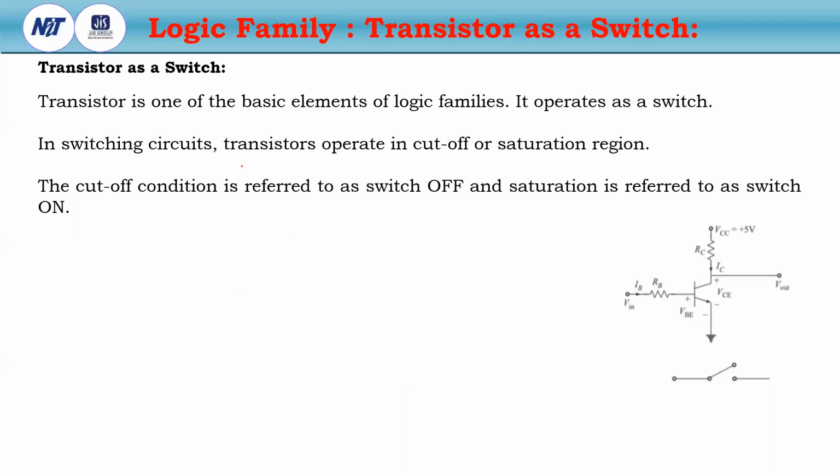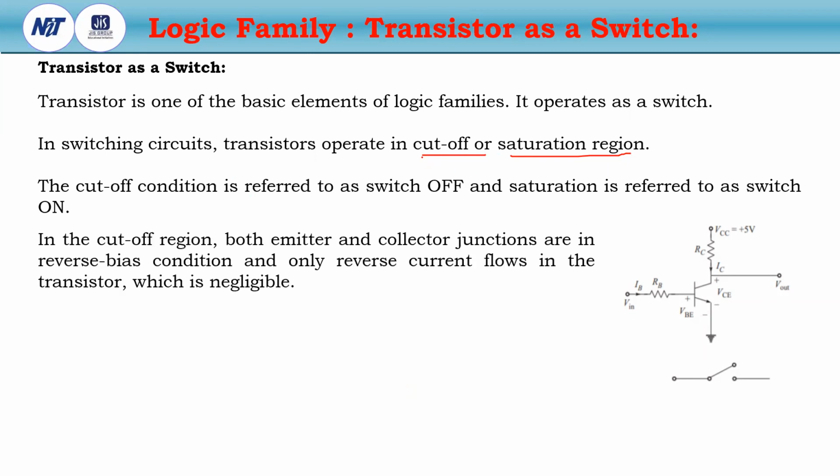In switching circuits, the transistors operate in cutoff or saturation. In saturation, it will be switched on, and in the cutoff region of operation, it acts as a switch off. So the cutoff condition is referred to as switch off, and the saturation is referred to as switch on.